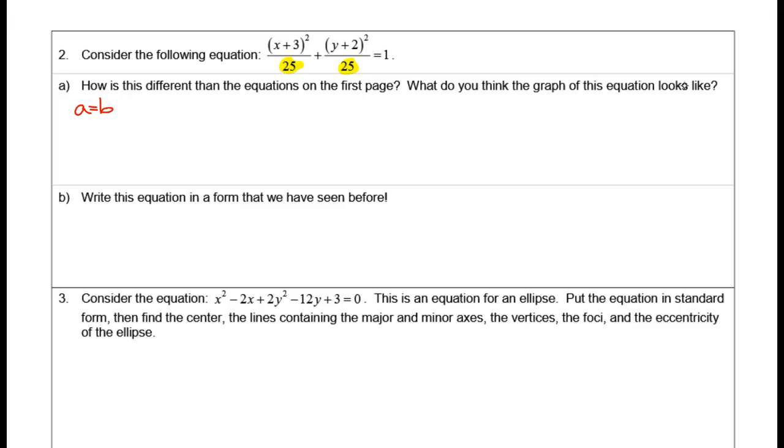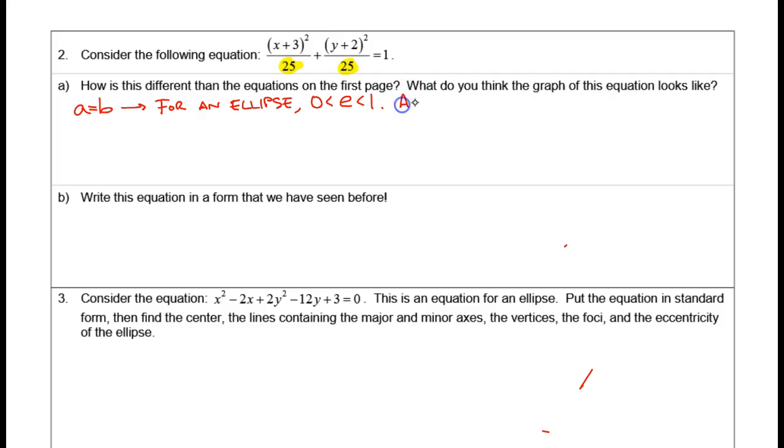Well, on page 1, we talked about the eccentricity of an ellipse. And we said the following: for an ellipse, eccentricity has to be between 0 and 1. So here's what I know about the eccentricity of an ellipse.